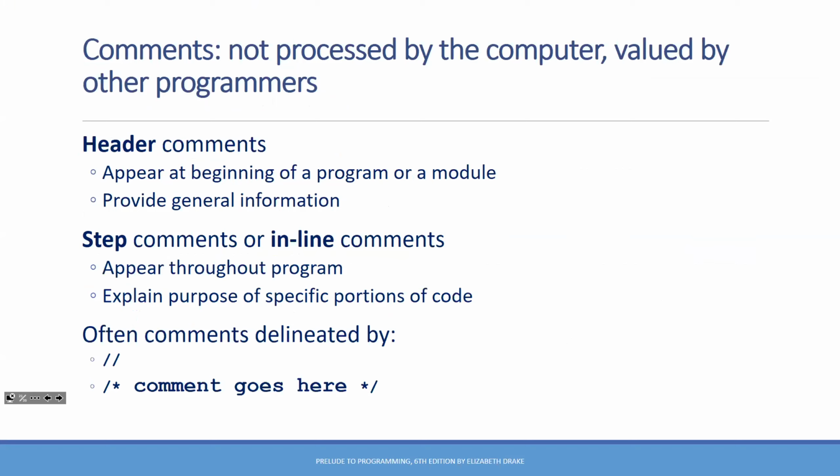Those go at the top. That's what we've been putting in our pseudocode, is a header comment, right? Saying, you know, what it's about, some overview information. But then we can have step or inline comments also. And those are comments that are throughout our code. Maybe explain something that's complicated.